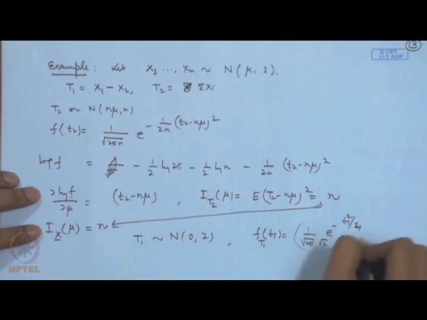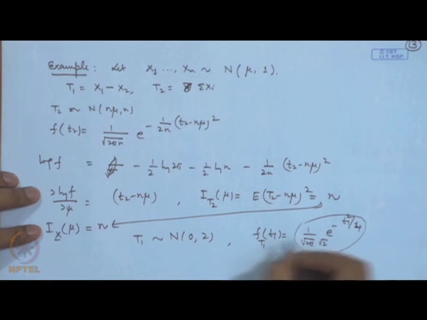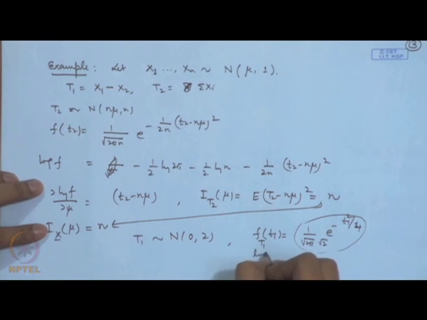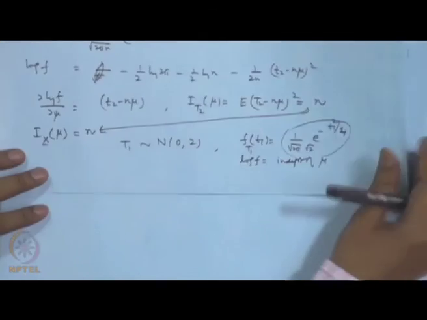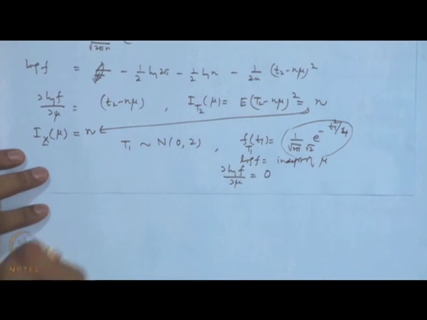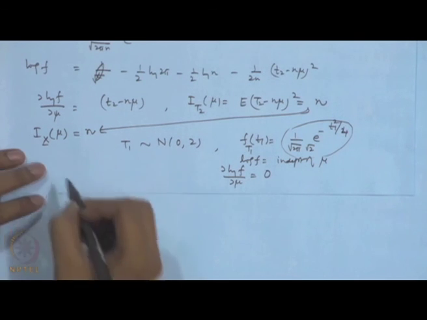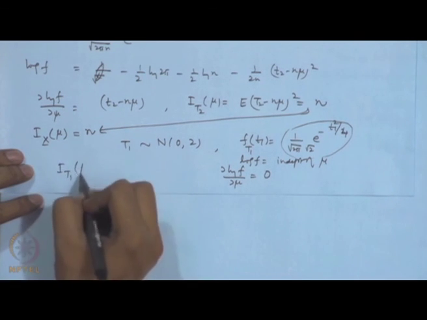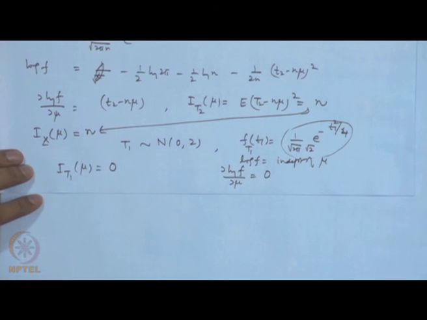You can see there is no μ occurring here. So, if I consider log of this, it is independent of μ, and therefore, if I consider the derivative with respect to μ, that is going to be 0. So, information in T1 is simply 0.